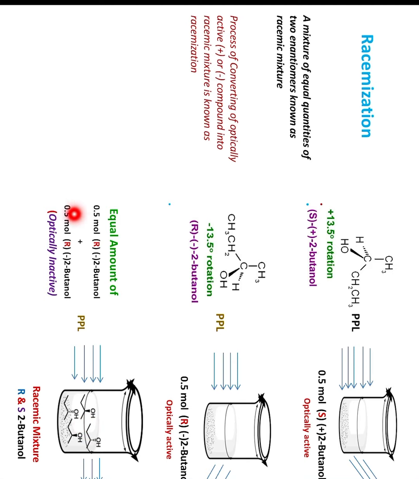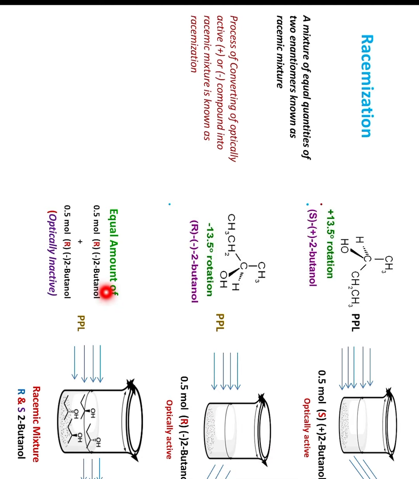Now the equimolar combination of these two molecules makes that solution optically inactive. Individually these two molecules are optically active: if you place a solution of each 2-butanol in the beaker and pass the plane polarized light through, they will rotate the plane polarized light in different directions.